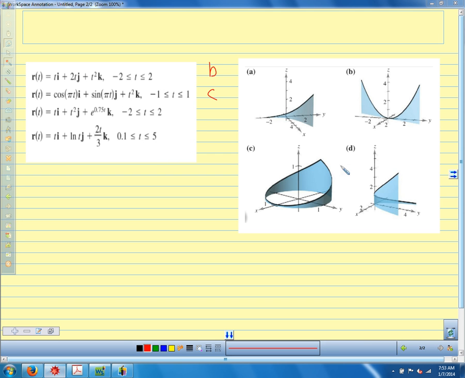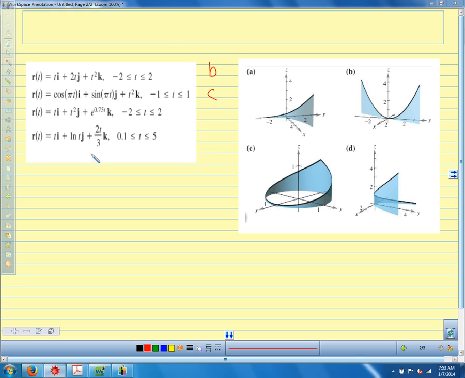All right, how about number 3? So we have between the xy plane, we're going to have what kind of shape? Parabola. And then we also have this exponential thing between the xz and the yz.